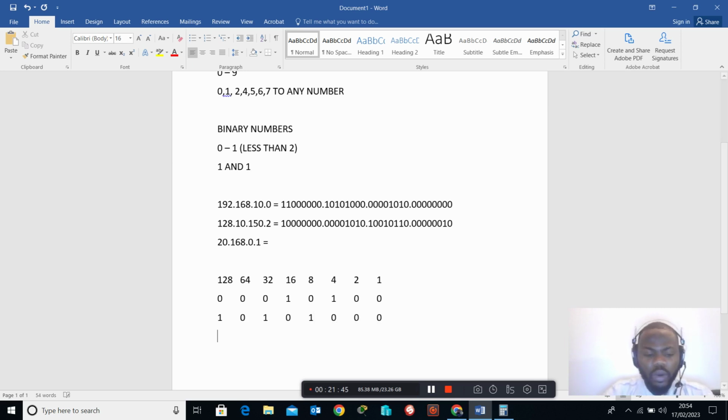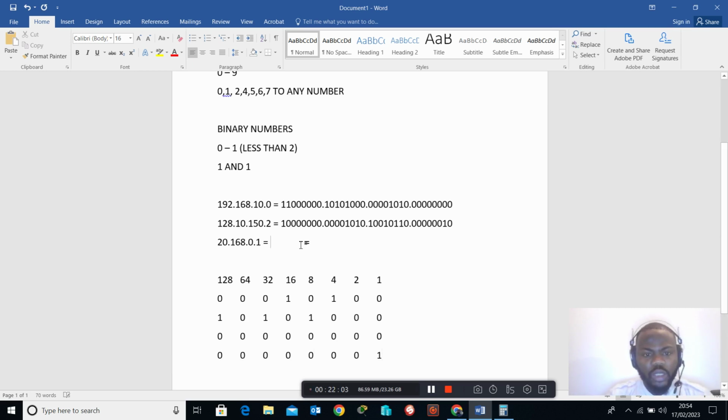And dot 0, simply by now, you should know dot 0 is this. And dot 1, you should know dot 1 is this. Remember, dot 1, all these numbers are bigger than 1, except for the last one, which is equal to 1.